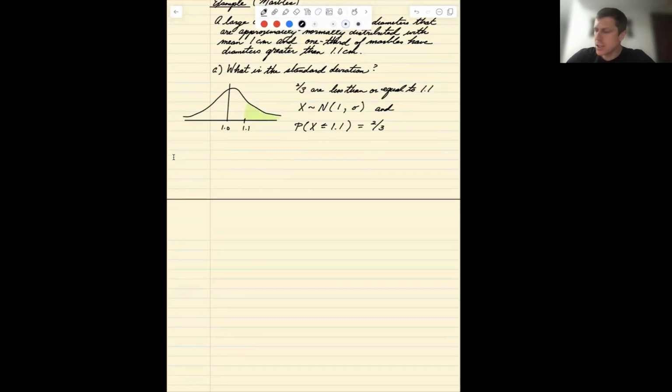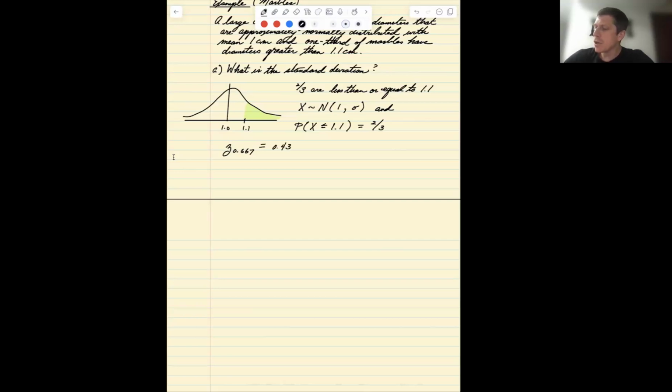So from that information, we can look up the quantile in the standard normal: what is the value at which a standard normal has probability of 2/3 of being less than or equal to it? It is 0.43.